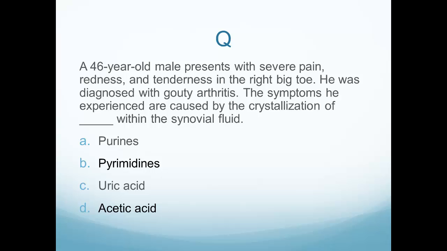Let's take a look at some questions here as we start rounding out our content from our altered musculoskeletal area. So, a 46-year-old male presents with severe pain, redness, and tenderness in his big toe. He was diagnosed with gouty arthritis. The symptoms he experienced are caused by the crystallization of blank within the synovial fluid.